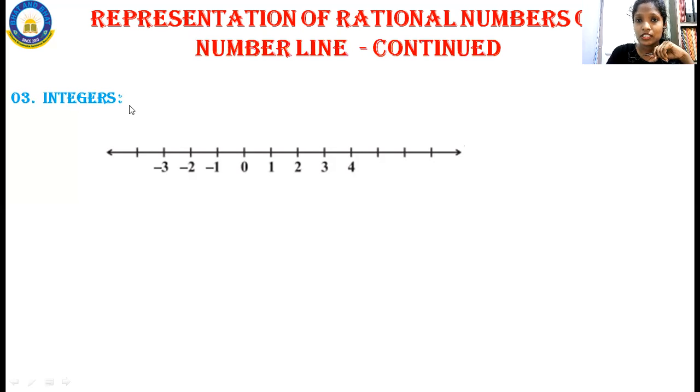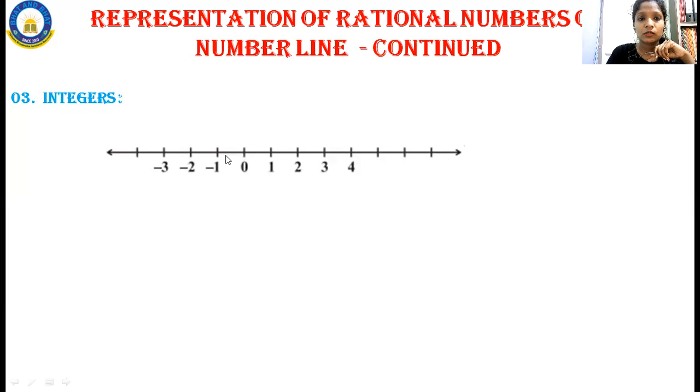So then what are integers? Integers are those numbers where, along with the positive numbers, you will get negative numbers also. See here, 0, and on the right hand side of 0 you have all the positive numbers. If there is no sign before the number, we consider it a positive number. 0, plus 1, plus 2, plus 3, plus 4, plus 5, plus 6, plus 7, like that it continues.